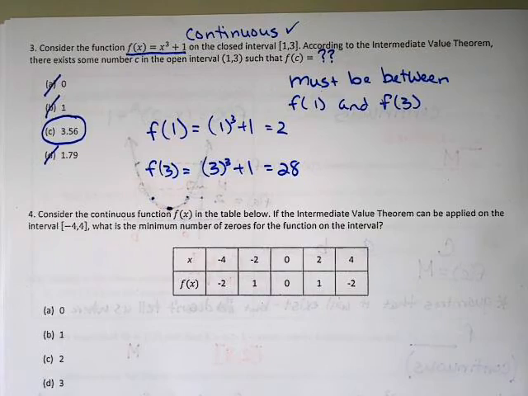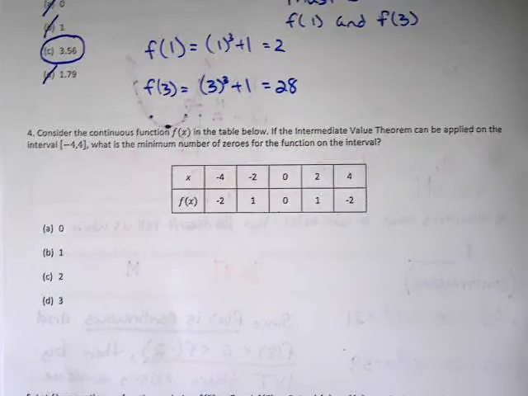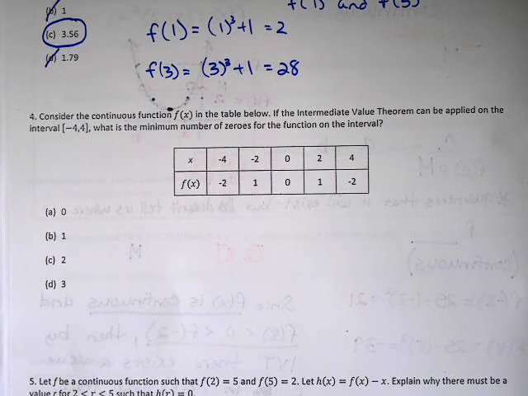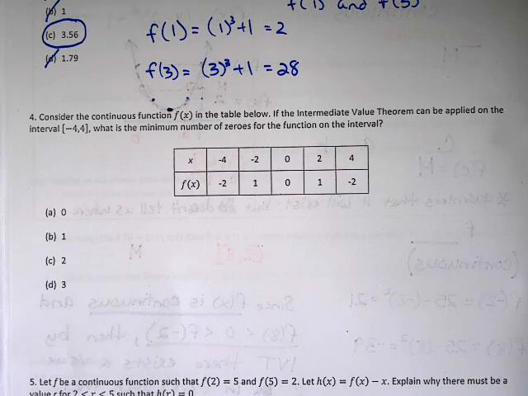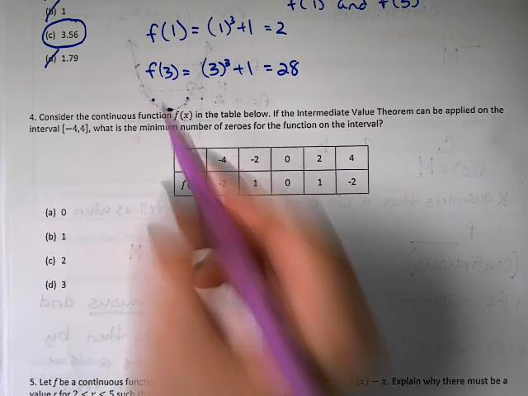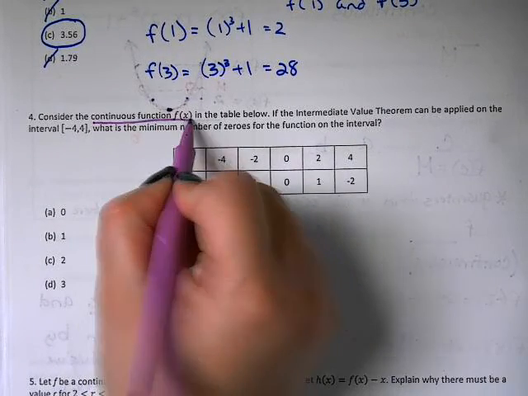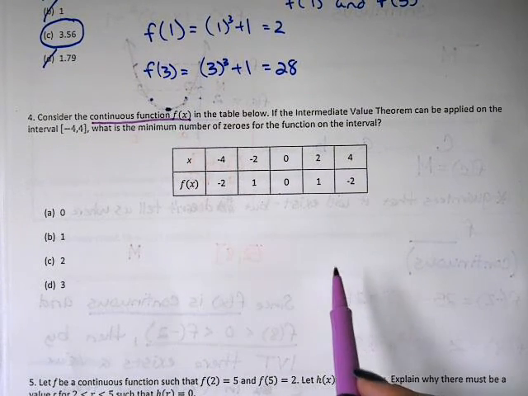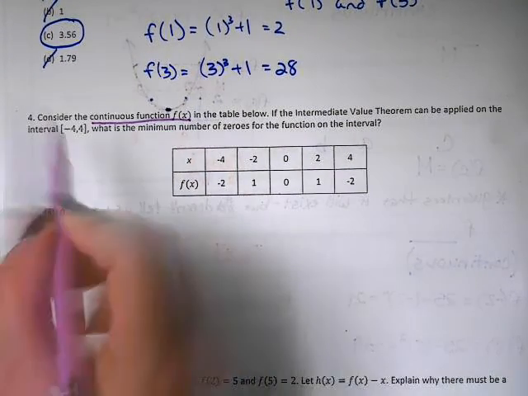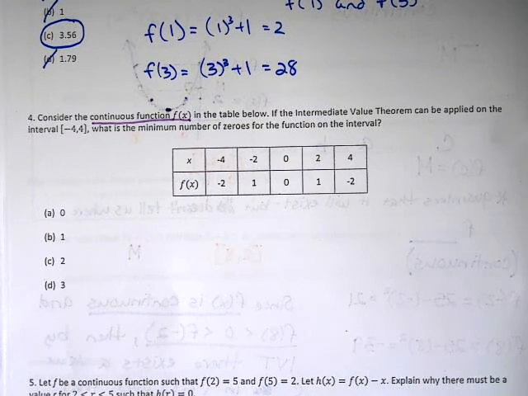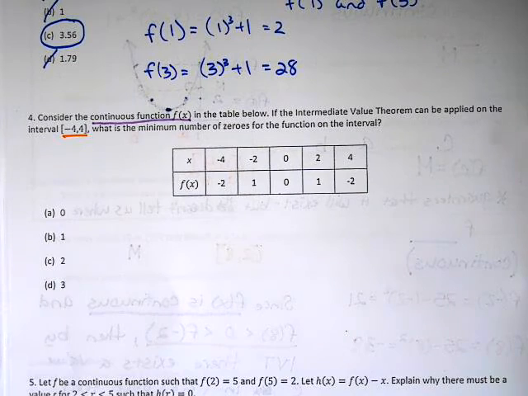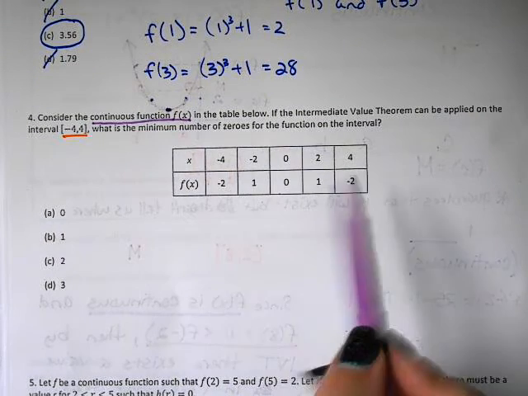All right. This one, again, a multiple choice question similar to the AP exam. But now we're looking at a table. So we know that f of x is a continuous function because it tells us right there. If the intermediate value theorem can be applied to the interval -4 to 4, so that's the interval we're looking at, what is the minimum number of zeros for the function on the interval?